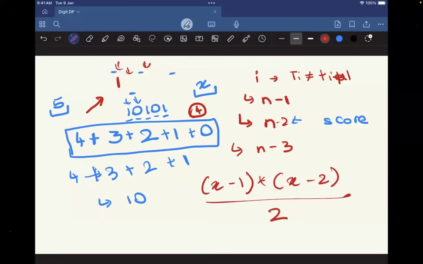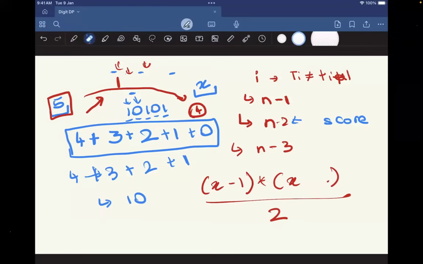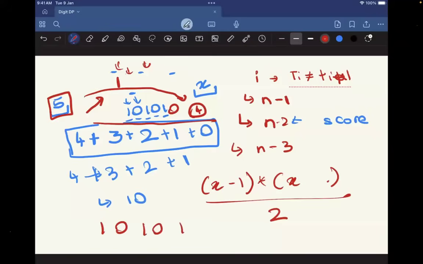Because the number of valid indices were 5 in the original array and I started counting by 4. Wait, this is not x minus 1, x minus 2. This is x into x minus 1. Sorry. Yes or no, guys? Yes. For example, the length of this was 6. Okay. 101010.